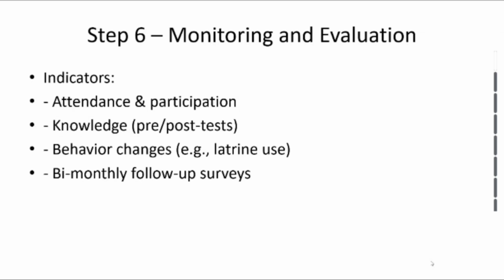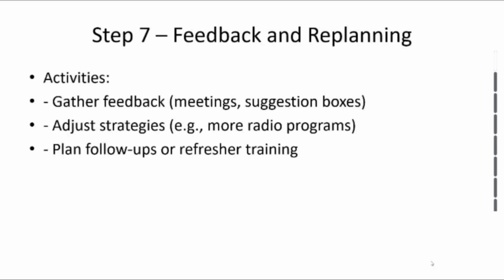Then step 7, feedback and replanning. Feedback and replanning involves gathering feedback from the audience through meetings, suggestion boxes, maybe questionnaires, surveys, observations still. Adjusting strategies is part of replanning. You can decide that next time you be more practical, more radio programs, maybe more flyers.